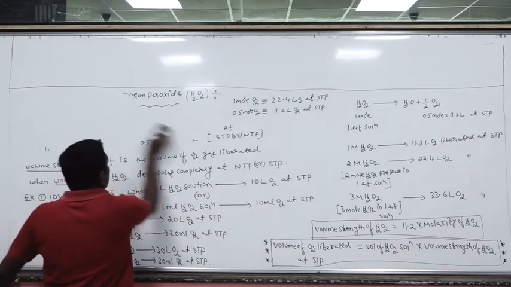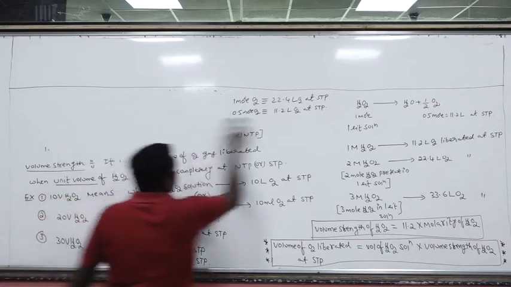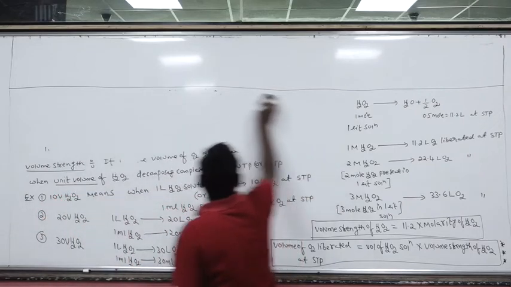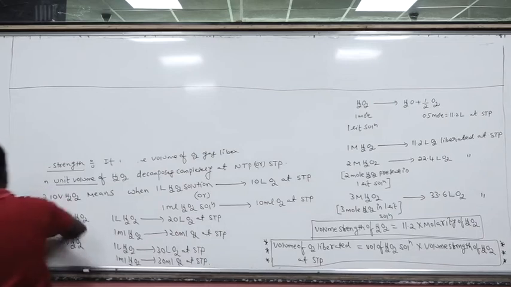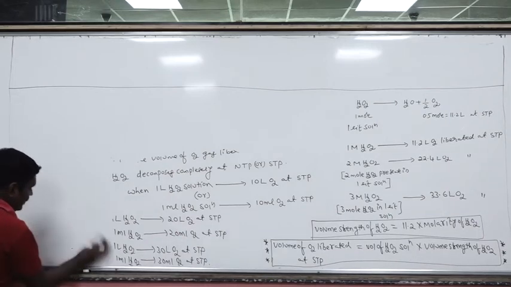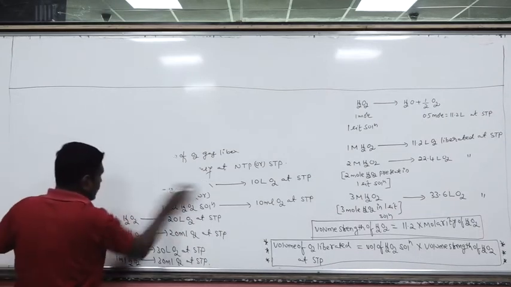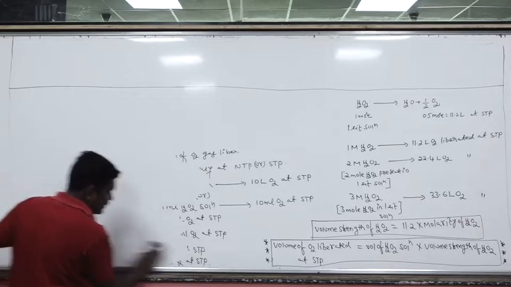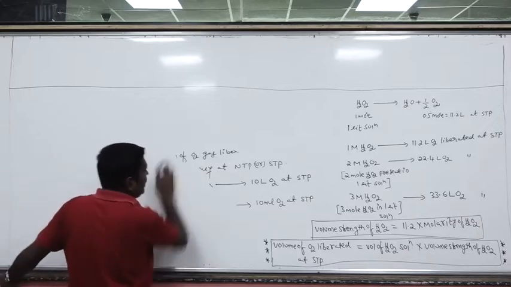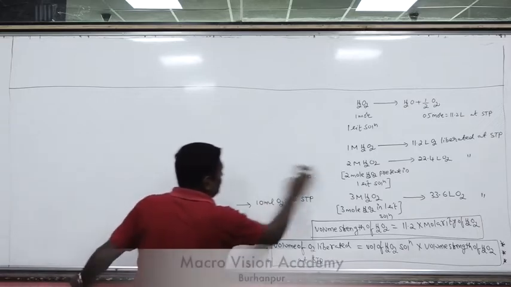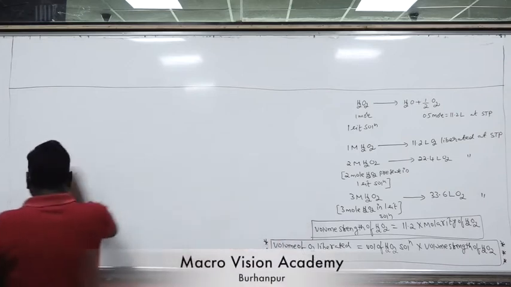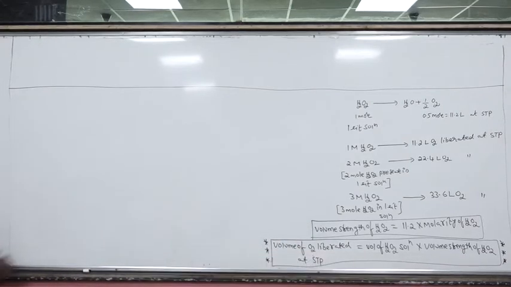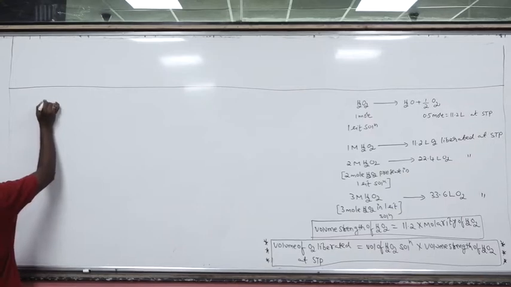Now volume strength is equal to molarity into 11.2. Volume strength is equal to what? Molarity into 11.2. Now come to weight volume percentage. How to calculate the weight volume percentage? Now here, what is the molarity formula?